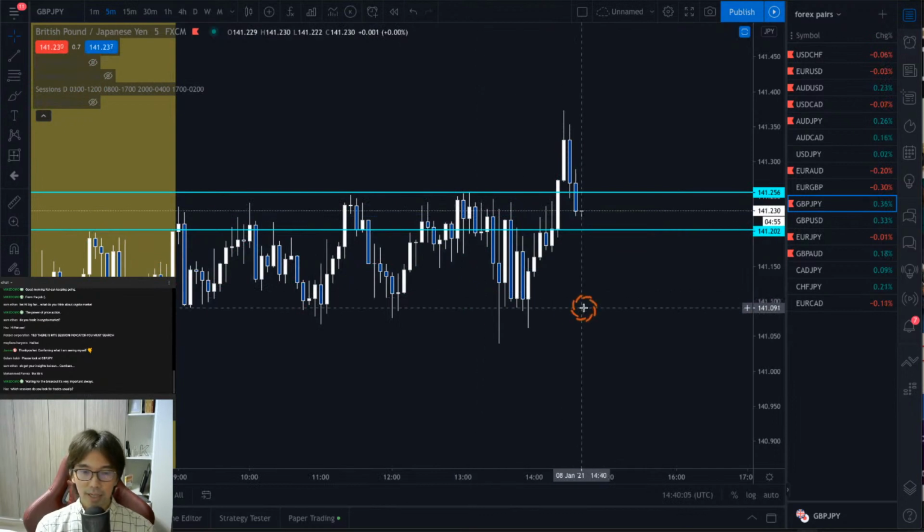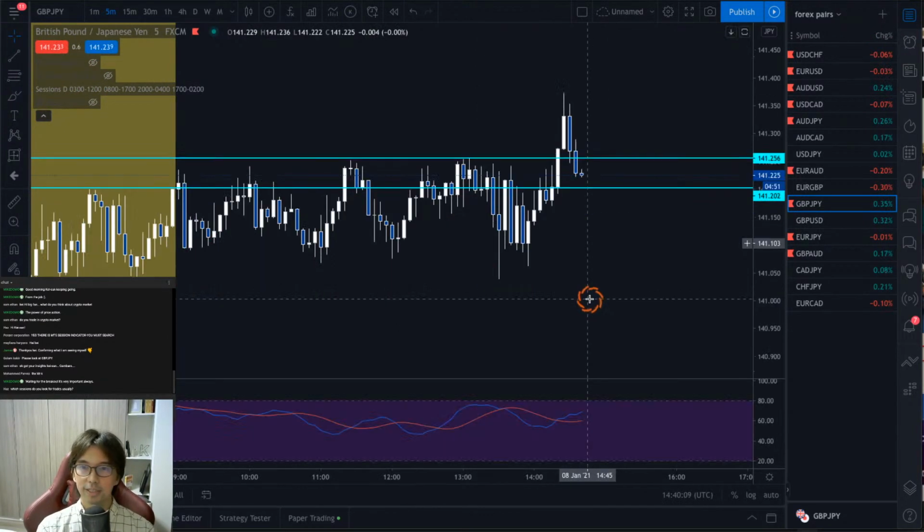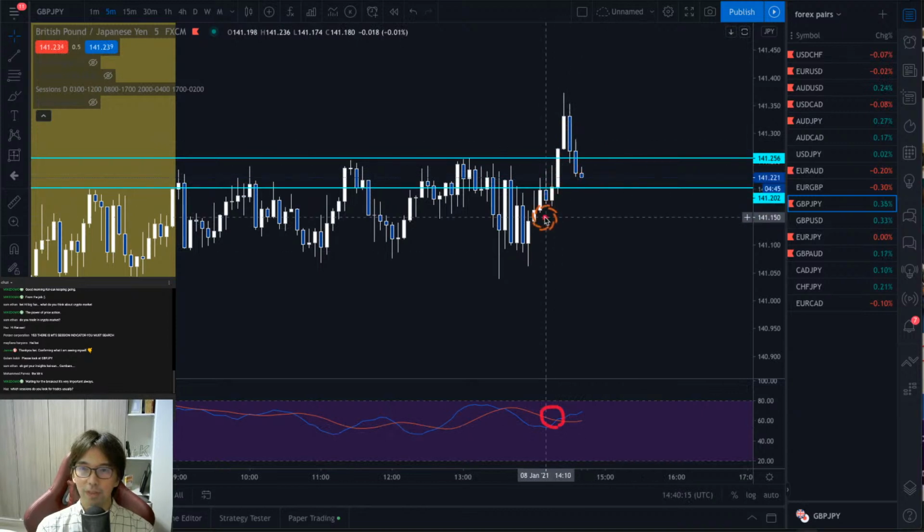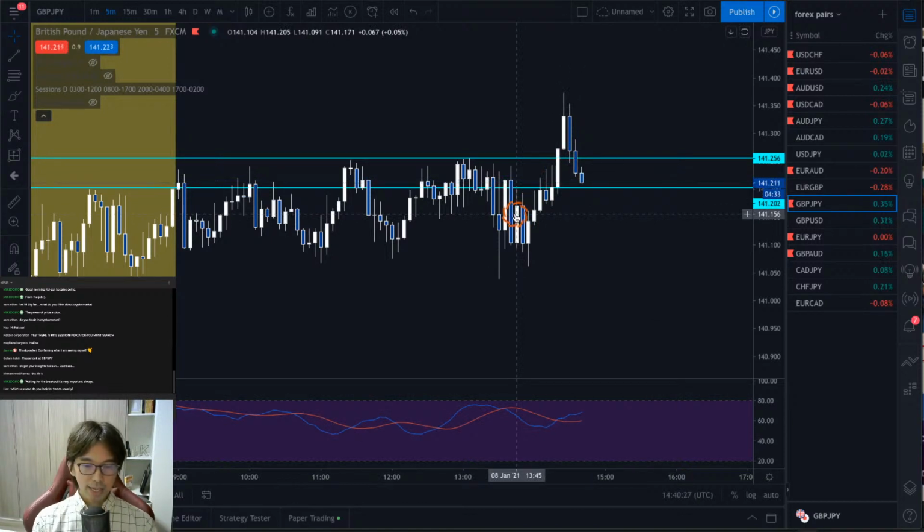And let me take the stochastics, whether it's gold crossing or not. Alright, so stochastic gold cross happened here. But now it's retracing backwards. So we can't take the gold cross anymore. So the other thing that I will take is the Fibonacci bounce.